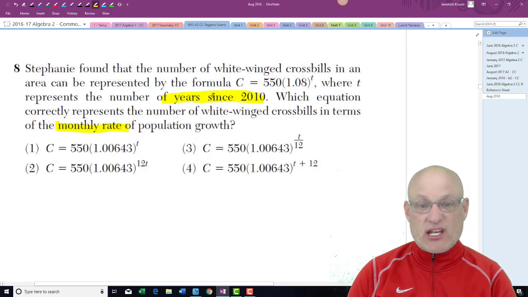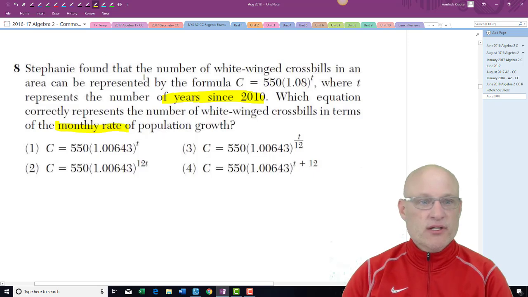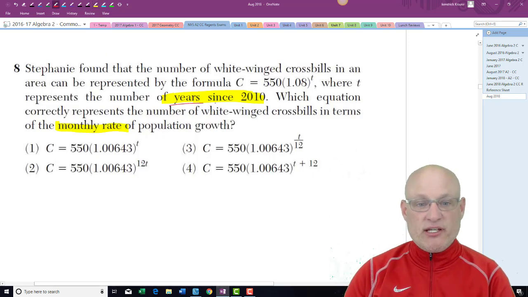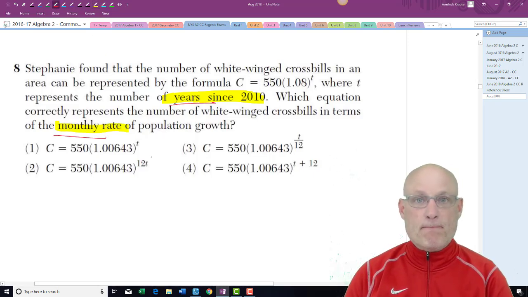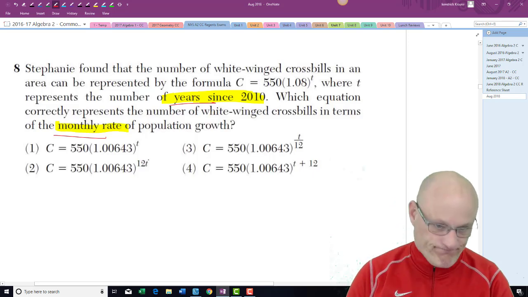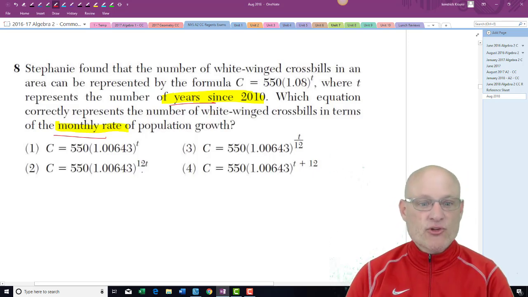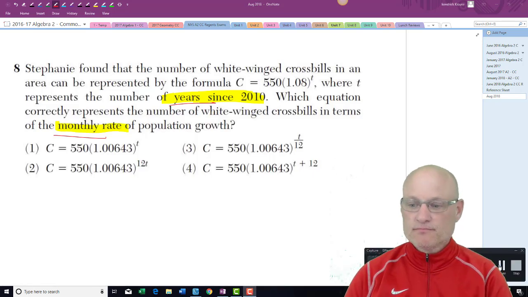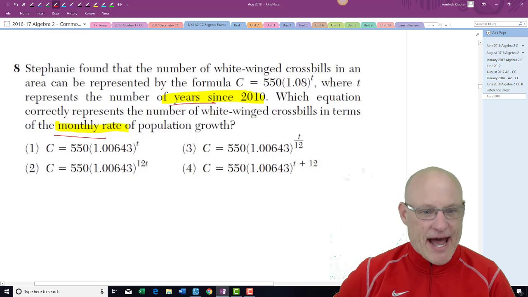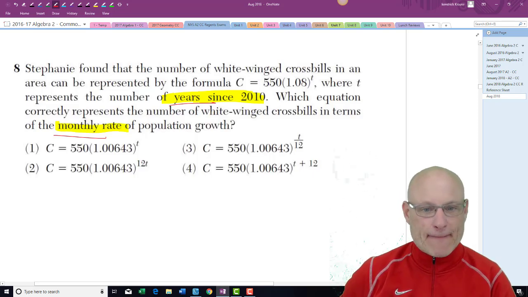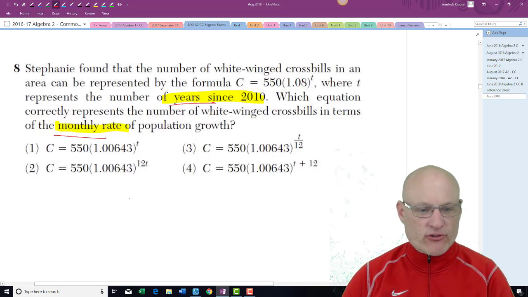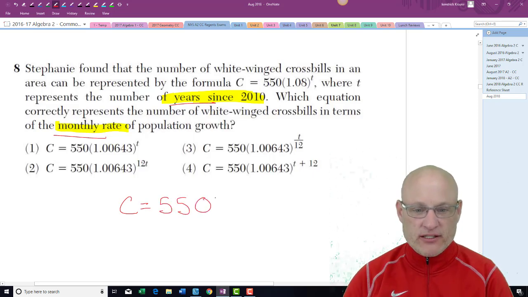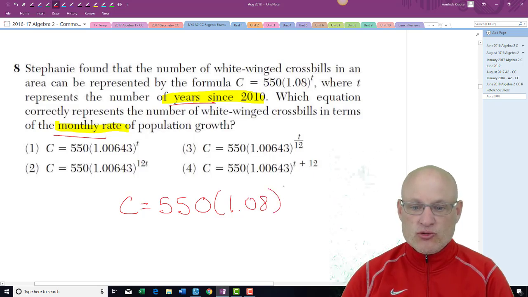So t represents the number of years. I guess that kind of was important. So t was in years, but they want you to convert it to monthly rate. Let's see how we're going to do that. Let's see if I can not make a mistake on this. Let's take a look at this equation. C equals 55, 1.08 to the t.